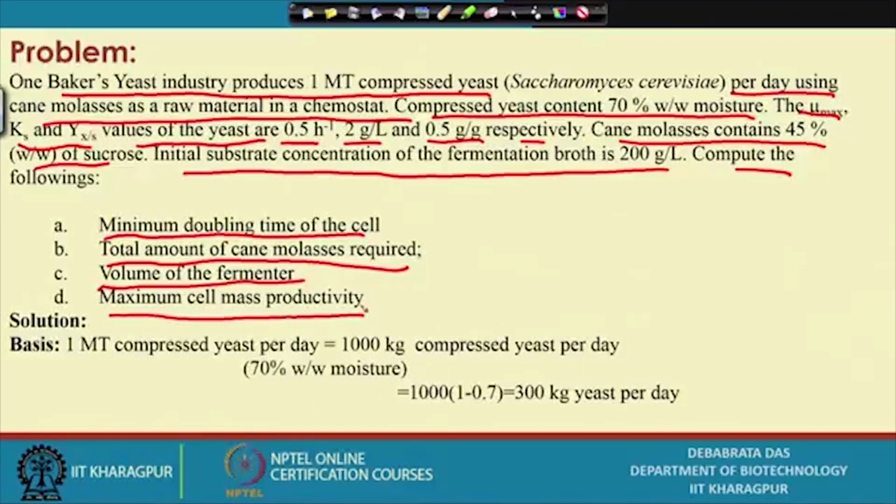I consider this a very important problem as far as the biochemical industry is concerned, particularly Baker's yeast fermentation. In this connection, I want to tell you that most of the biochemical industry in India usually operated in batch mode, but as soon as the World Trade Organization treaty was signed, we had open trade with different countries.